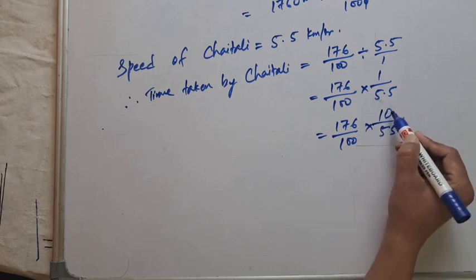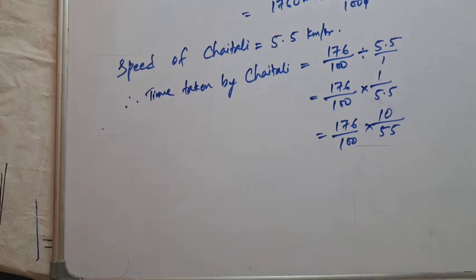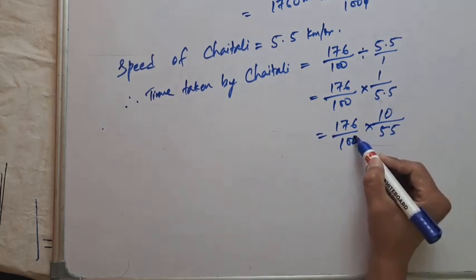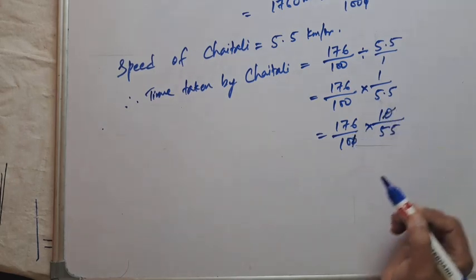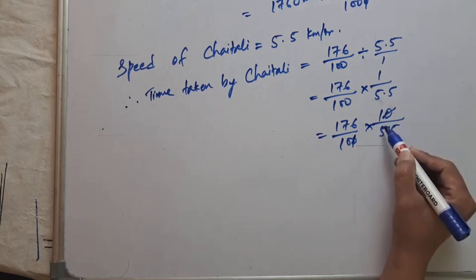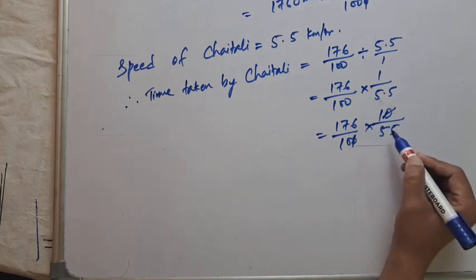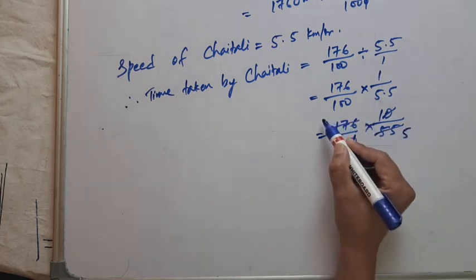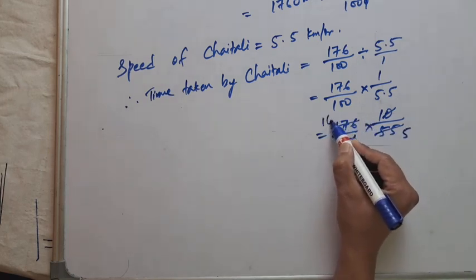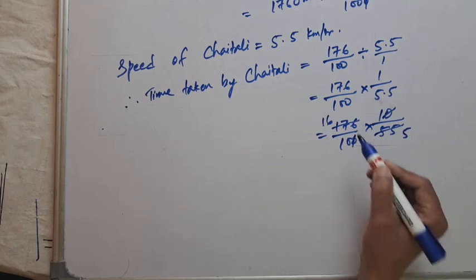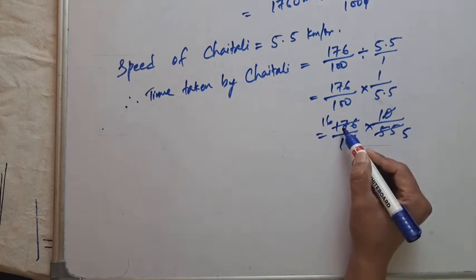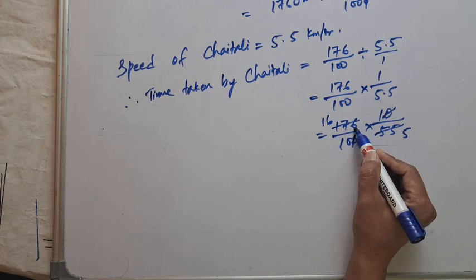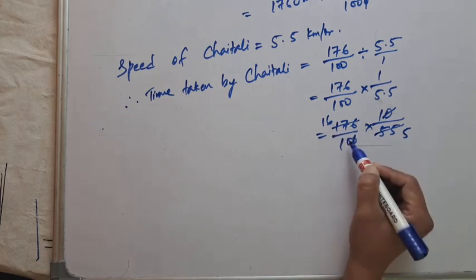Decimal point is removed, 10 is introduced in the numerator. So this 0 and this 0 can be cancelled. So this is 176 by 55, isn't it? 11 5s are 55, 11 1s are 11, 11 6s are 66.